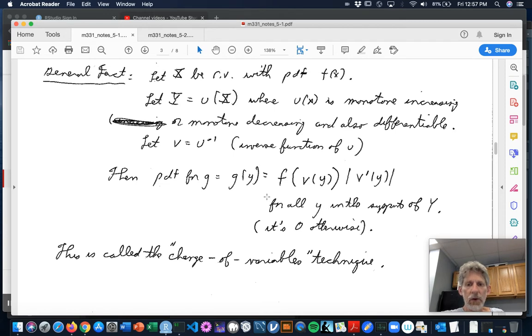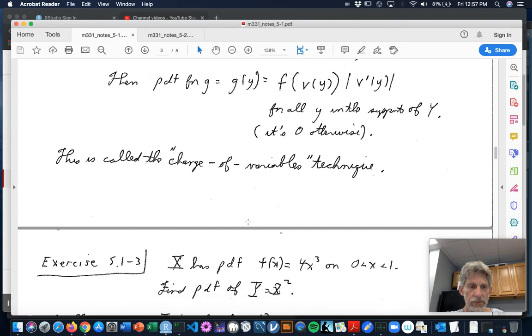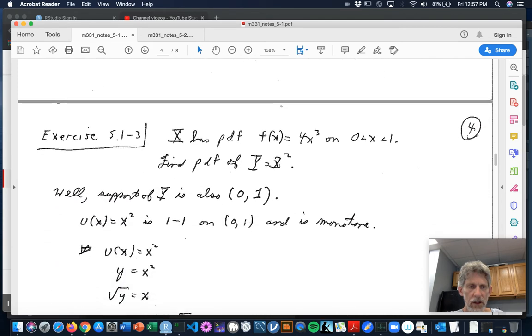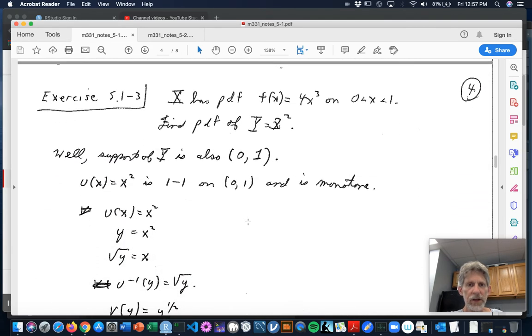And this is good for all y's in the support of big Y. Otherwise, of course, it's 0. So in the book, they give the proof, and it'll be just like whatever proof you saw in your calculus book, that the substitution method really does work to find definite integrals. So let's give that method a try.